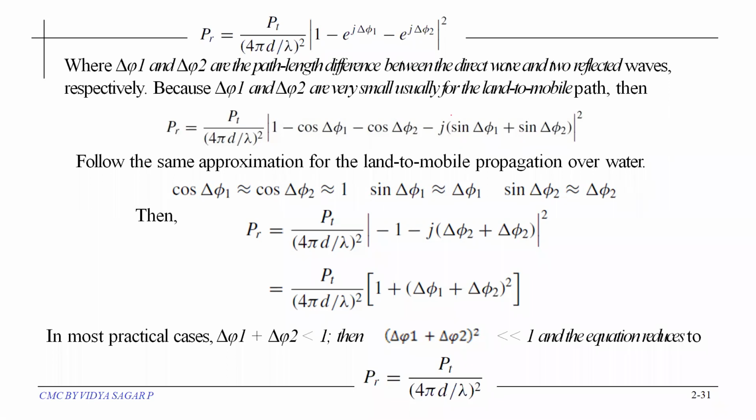This equation is also the same as the received power in free space. The path loss from the land to mobile propagation over land is different from the land to mobile propagation over water.